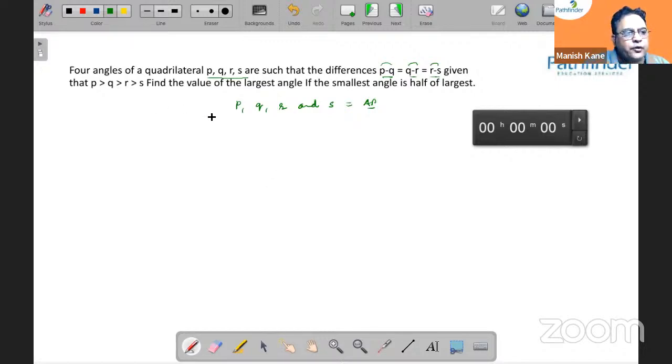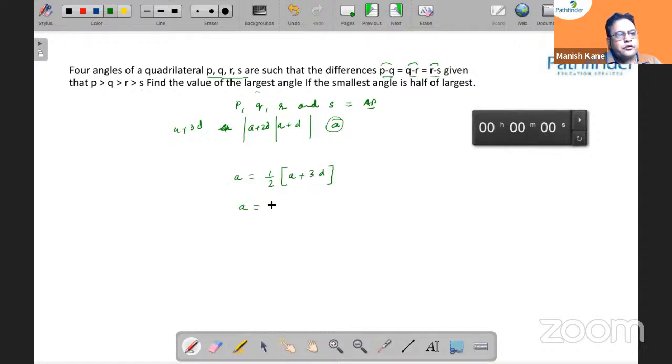So I can write the smallest as S or smallest as A. So I can write S as A, R as A plus D, Q as A plus 2D, and P as A plus 3D. Now we are told that smallest angle is half of the largest. So this is the smallest angle, A, which is half of A plus 3D. So if you solve this equation, you are going to get A is equal to 3D. This is your first equation.